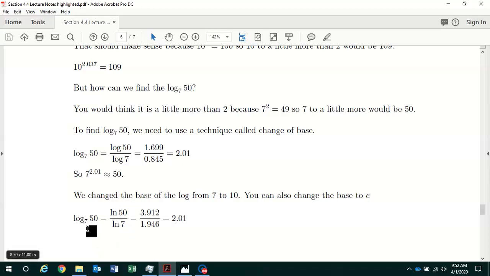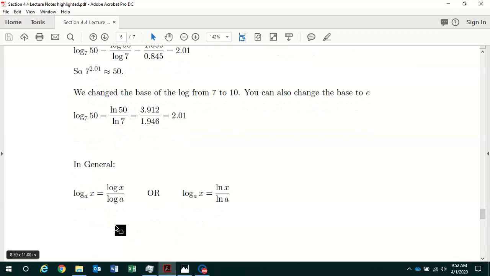So log base 7 of 50 is equivalent to the natural log of 50 divided by the natural log of 7, and when you do that division and hit enter, you get 2.01 again. If you use the common log, you've got to use it in both the numerator and denominator. If you use the natural log, you've got to use it in the numerator and denominator. You notice that these numbers in the numerator and denominator are completely different, but when you do the division up here, you get 2.01. When you do the division down here, you get 2.01 again.